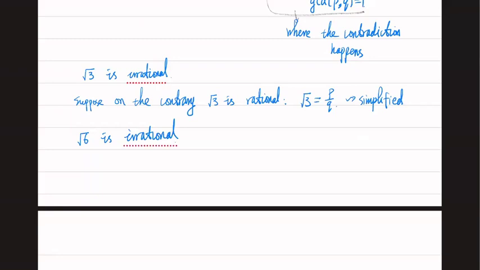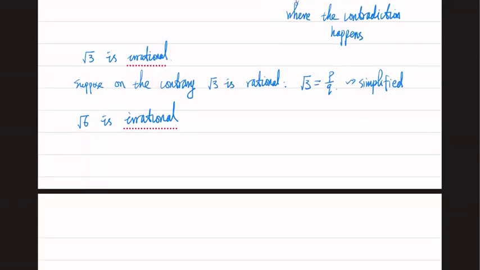Okay. I mentioned that we have 2 proofs. What does that mean? Again, we prove by contradiction.